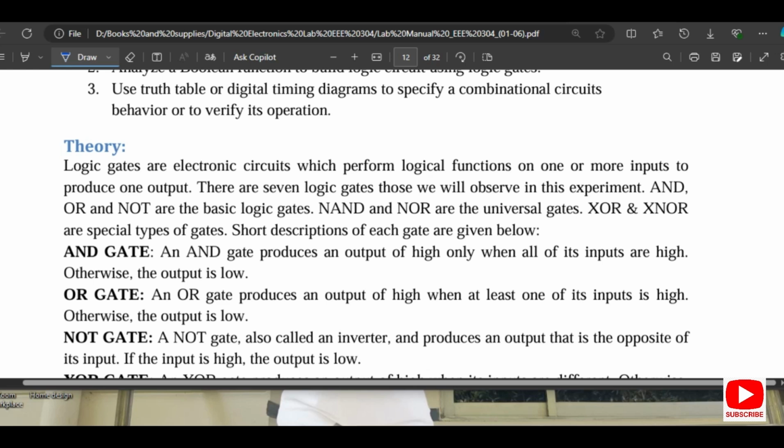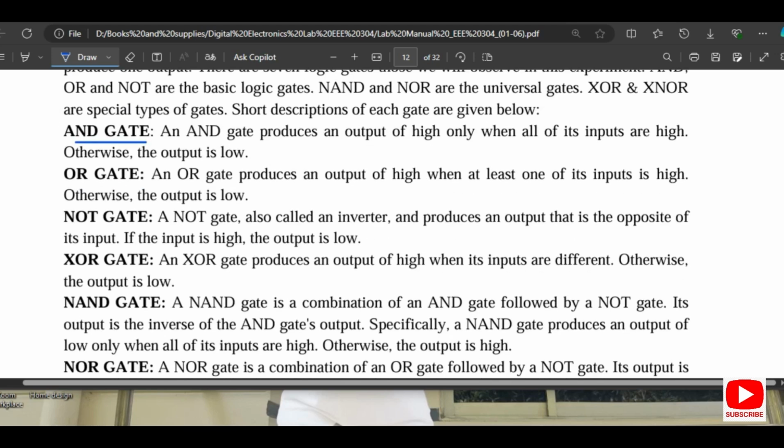So first of all the AND operation. AND operation means the product or multiplication between the high output and low output. Okay, and then OR gate means the addition output between low or high input, and it depends on the input at output.